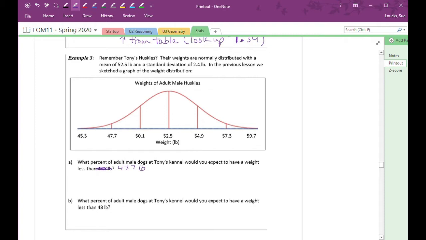Okay, sorry about that. So we have 2 ways that we can do this. The way that we learned in the last section was we know that this whole section here is 50%, because it's bigger than the mean. This part here is 34.13% using the numbers from the table on the previous page, or the drawing on the previous page.